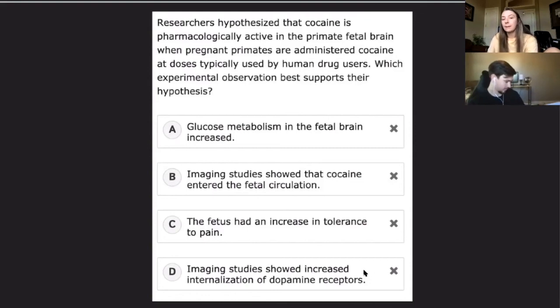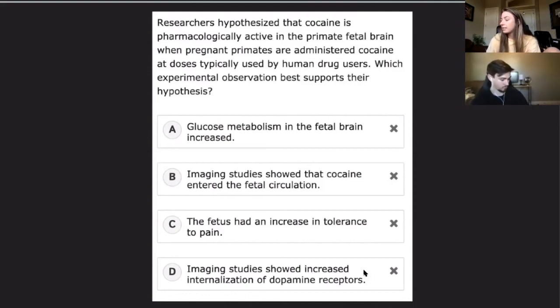So B sounds like the answer that everybody wants to pick. It's a pretty answer. We see images that cocaine's literally getting into the fetus, but we have to draw that line somewhere, and that line is the blood-brain barrier. So I'm not sure if it's really pharmacologically active in the brain. I'm going to say maybe not on B.